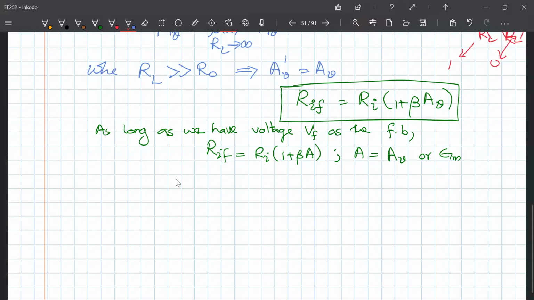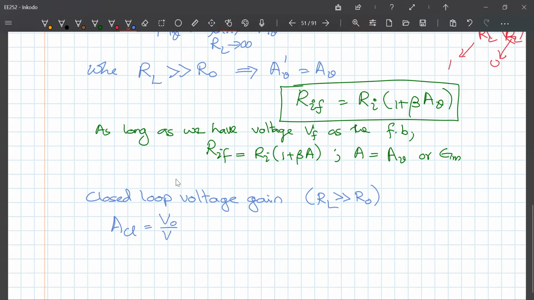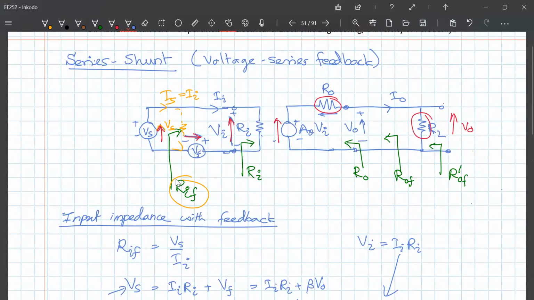Now we did not derive an expression for the voltage gain. So let's see how to do that. Closed loop voltage gain. Let's assume RL is much bigger than R out. In other words, the effects of loading are not taken into consideration. All right. So the closed loop gain is defined as V out divided by Vs. So the whole output divided by the whole input.